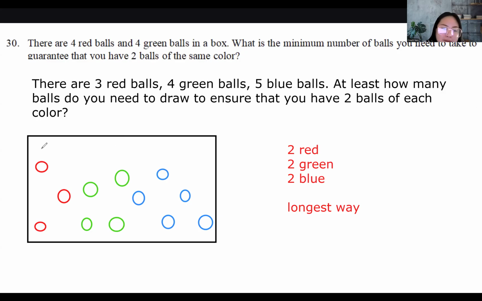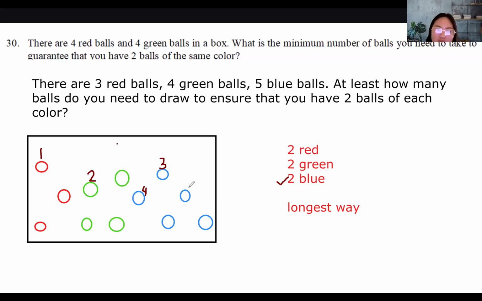Okay, let's say for example, you get the first draw, red, the second draw, green, and the third draw, blue. Does that give you two balls of each color? Not yet, right? So, what if on the fourth draw, you draw blue again? So, you already have two blue, correct?